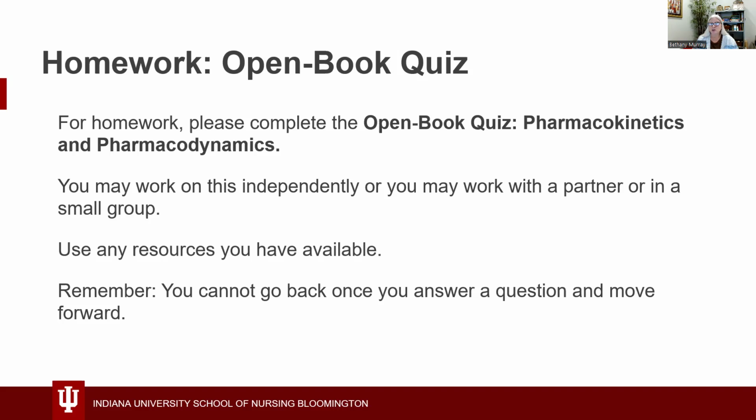But once you choose an answer, I'm trying to emphasize that students are confident in their responses and don't obsess and dwell over it. So once you decide what your answer is and move forward, you can't go back and retake it. You can't change your answer. And that one is a graded assignment as part of your homework grade for the course.